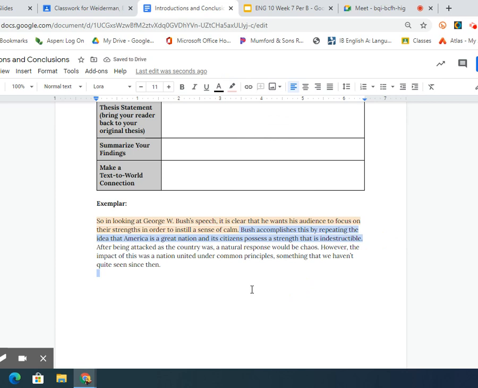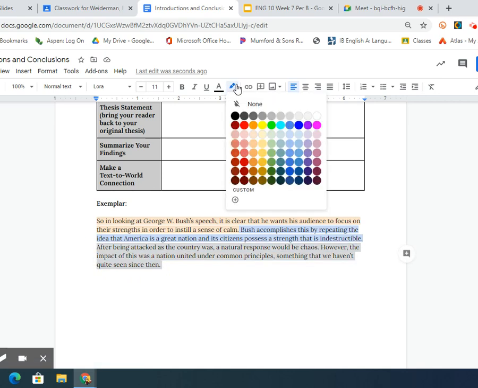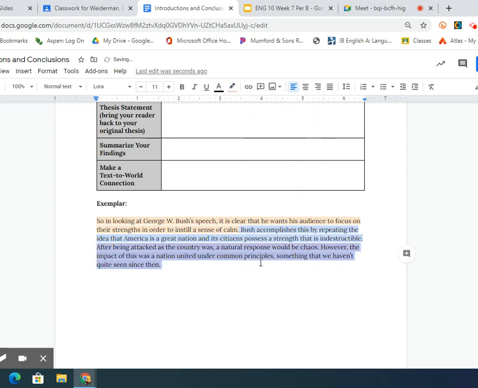However, the impact of this was a nation united under common principles, something that we haven't quite seen since then. And then my last sentence talks about it in generalities again. It talks about unification, in natural responses. So notice my conclusion is short, yours will be too.